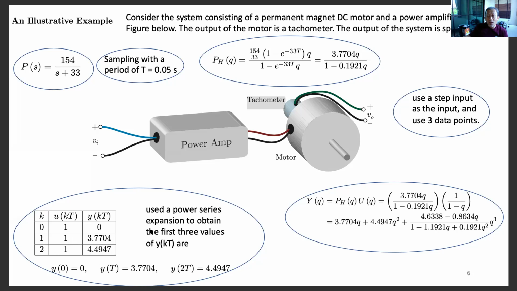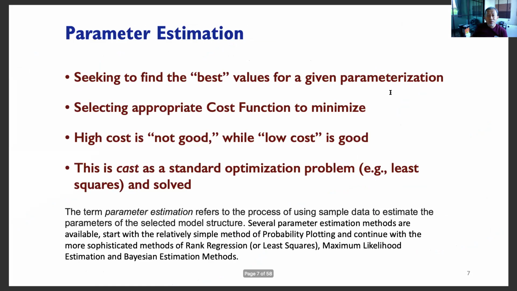So the issue now is we are going to estimate the coefficients, the ones that I highlighted. These are the coefficients whose values we are interested in knowing in parameter estimation. Parameter estimation is actually an effort to find the best values for a given parameterization.